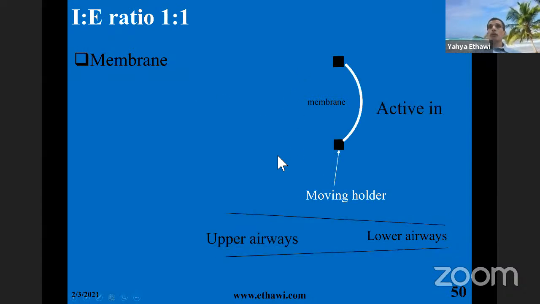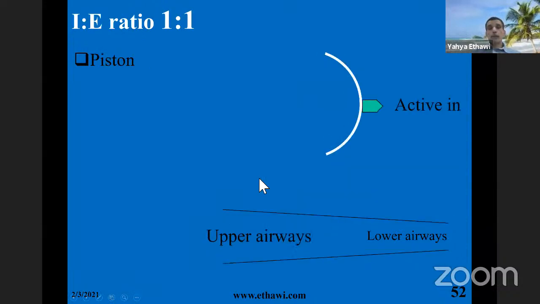So when you see air trapping by assessing by lung ultrasound or by hemodynamics or by X-ray, and you see this, you might need to change your ratio. The other way to use the ventilator is the piston. But the piston is also active in, active out. So the piston pulls instead of changing a holder, and it moves like this.